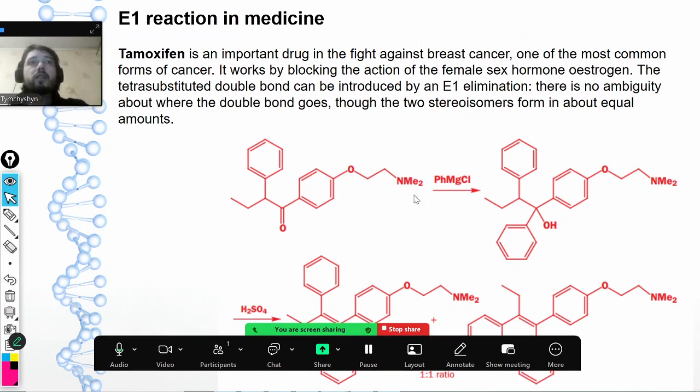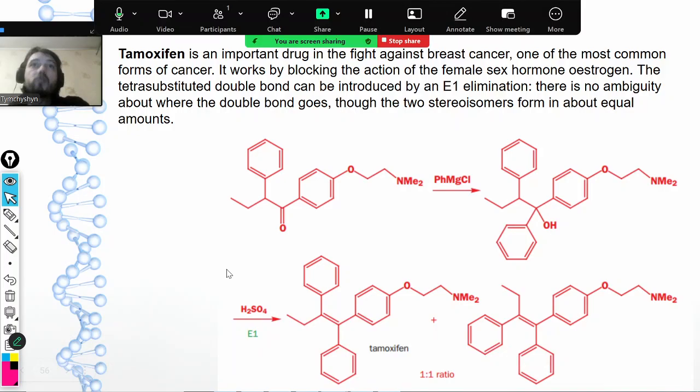Here is just a practical example, the E1 reaction in medicine. That's tamoxifen, an important drug to fight breast cancer, which is one of the most common forms of cancer, and it works by blocking the action of the sex hormone estrogen. The tetrasubstituted double bond can be introduced by E1 elimination, and there is no ambiguity about where the double bond goes, though the two stereoisomers form in about equal amounts.